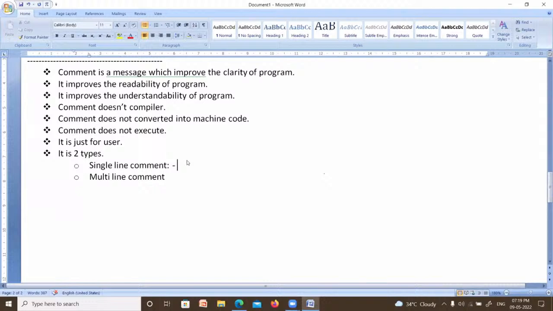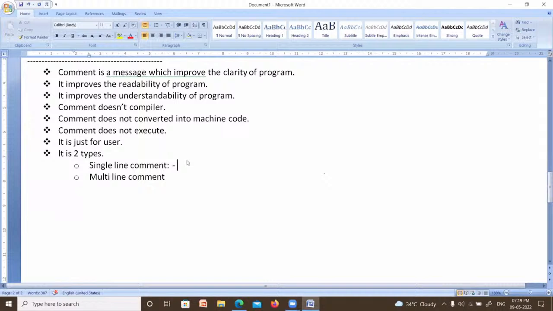Then it is called a multi-line comment. It is also called a block comment.